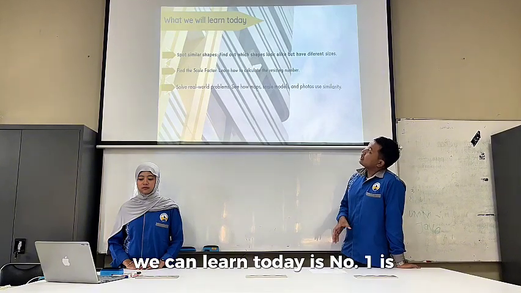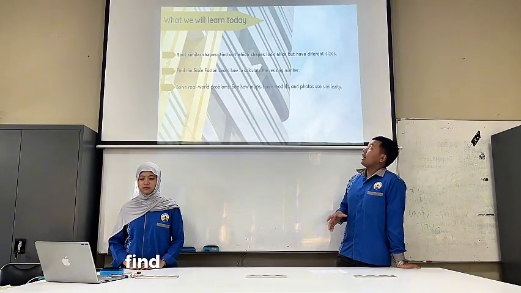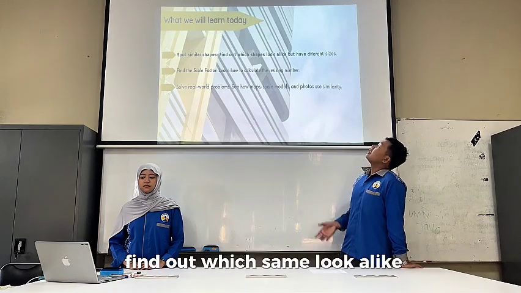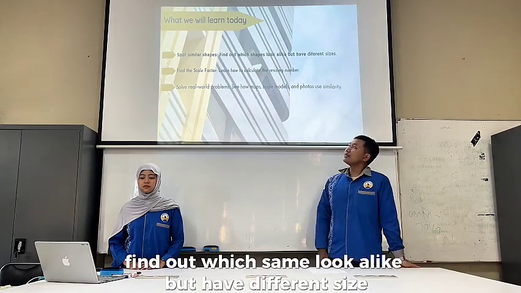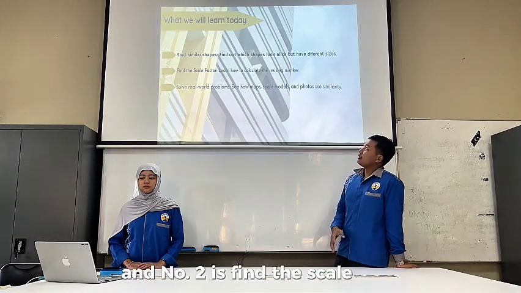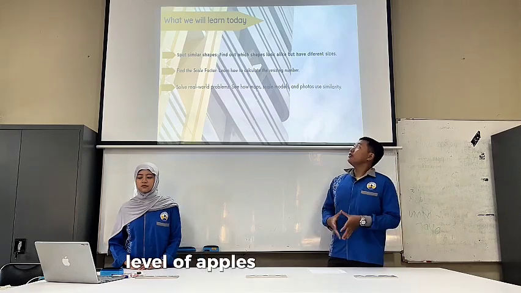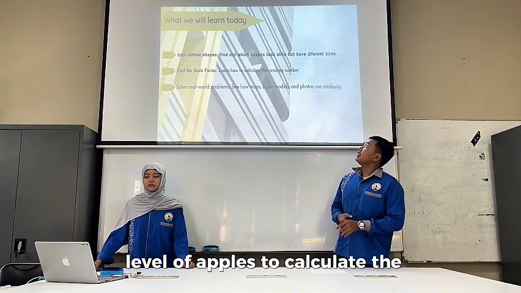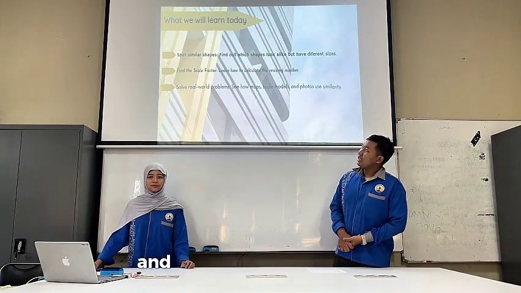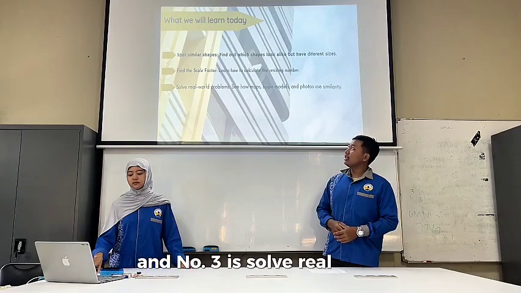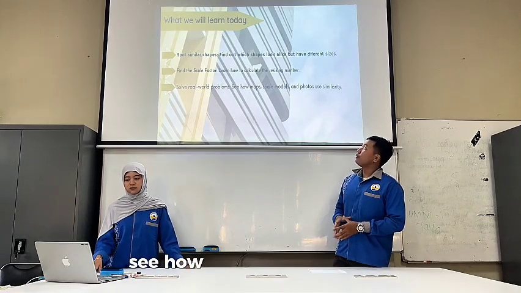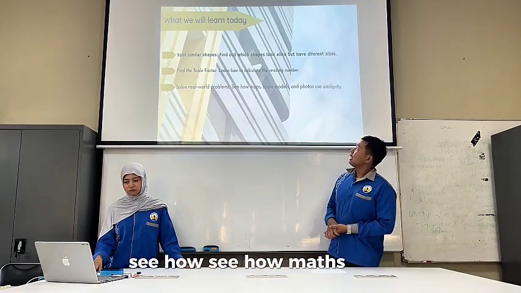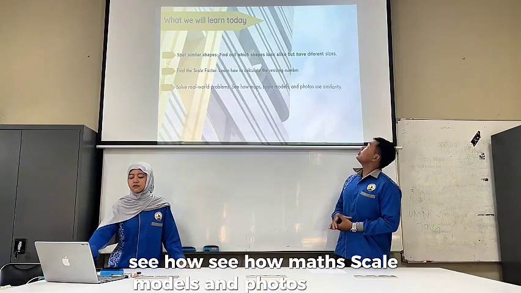Number one, spot similar shapes: find out which shapes look alike but have different sizes. Number two, find the scale factor: learn how to calculate the resizing number. And number three, solve real-world problems: see how maps, scale models, and photos use similarity.